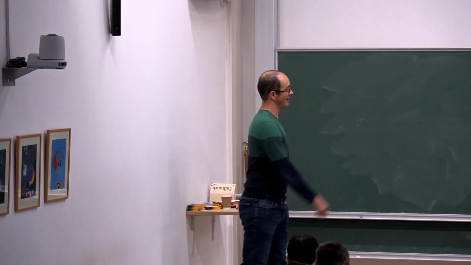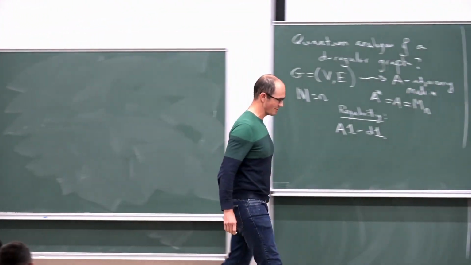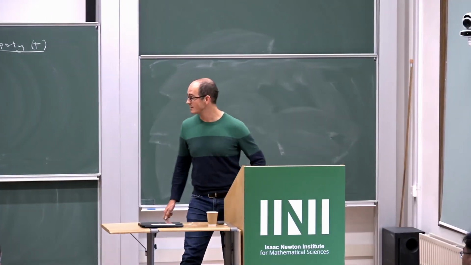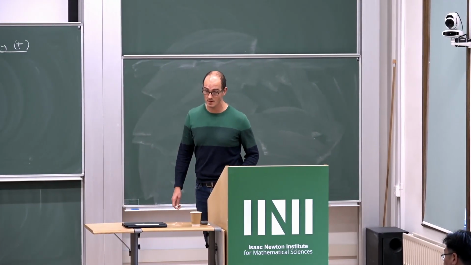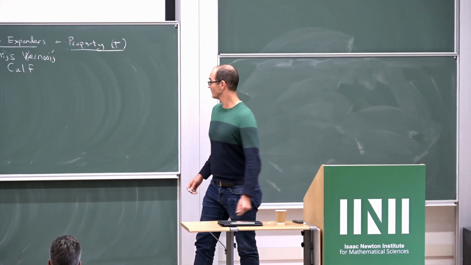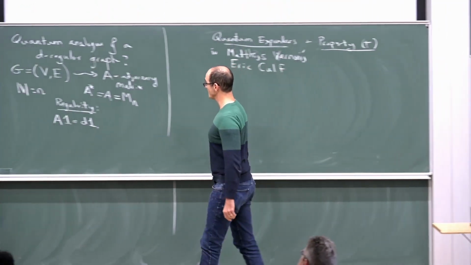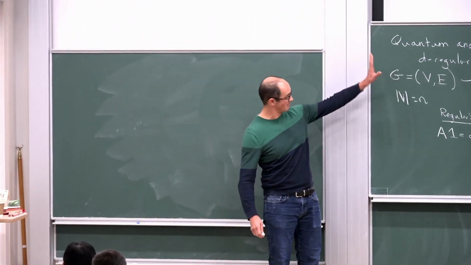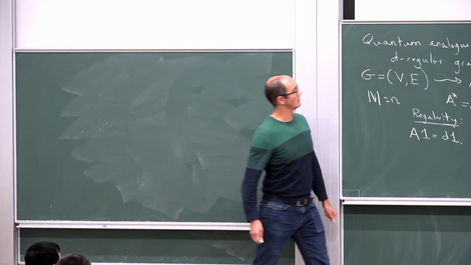This notion, of course, arose several times this week already. And in fact, we already heard in the context of quantum graphs what the analog is of a d-regular graph. One can talk about quantizations of graphs, and one can generalize all of these notions.